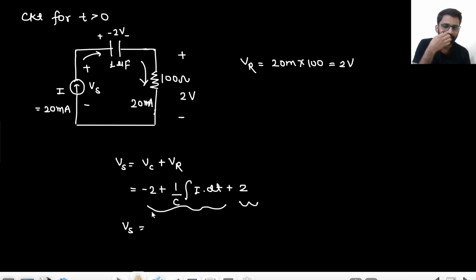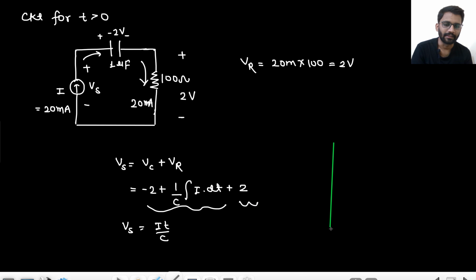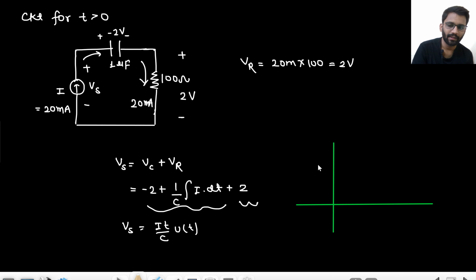I is constant, so your Vs becomes It by C. So how will the waveform look? It will look something like this, and this is all happening at t greater than 0, so multiplied by u(t). So this is your Vs waveform.